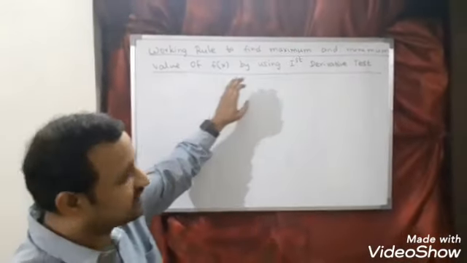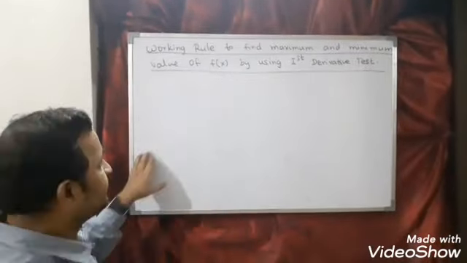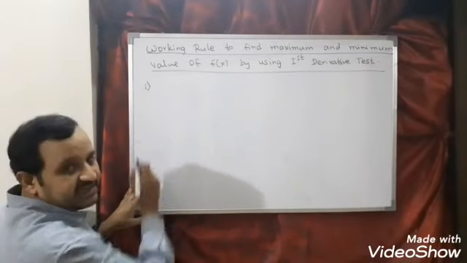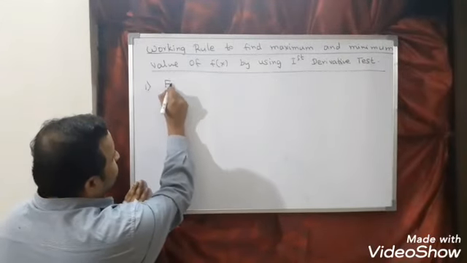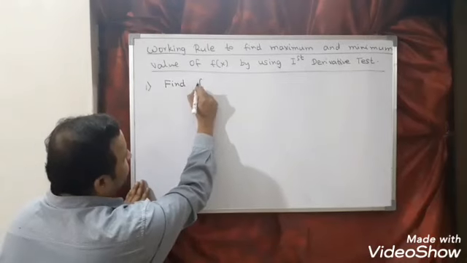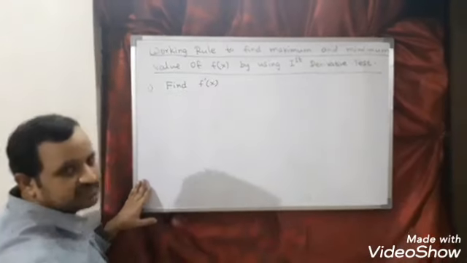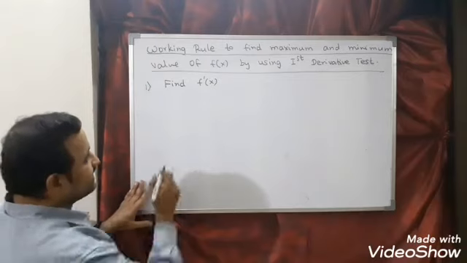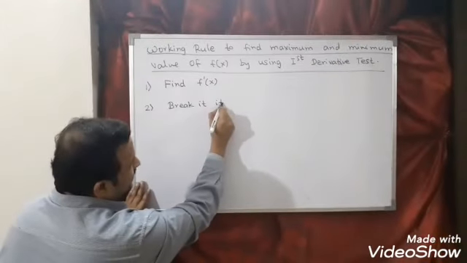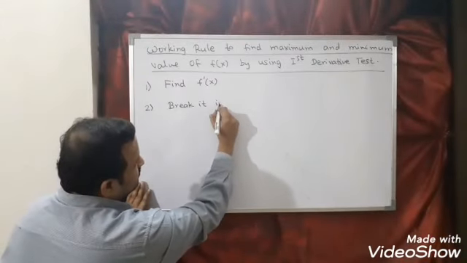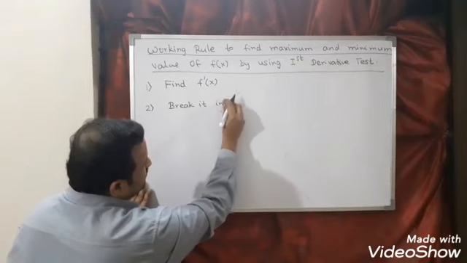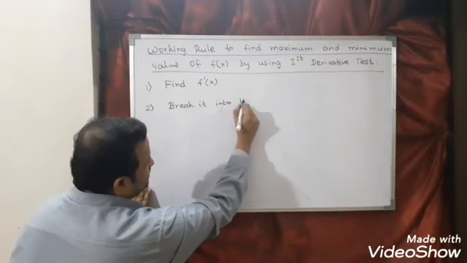The working rule of this is the same as increasing and decreasing. So the first step is what? I am writing all the steps. First step is find f dash x. Refer to the notes of increasing and decreasing. Second step, break it into linear factors.